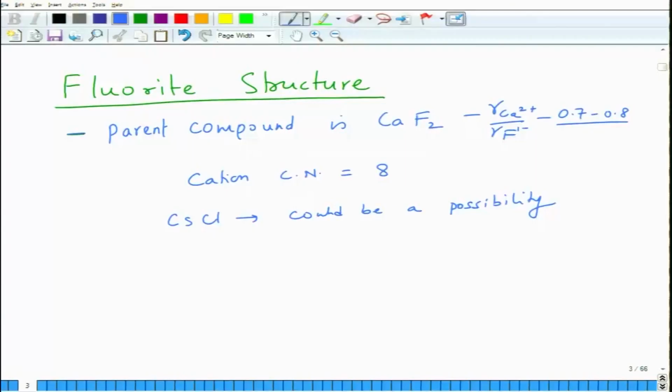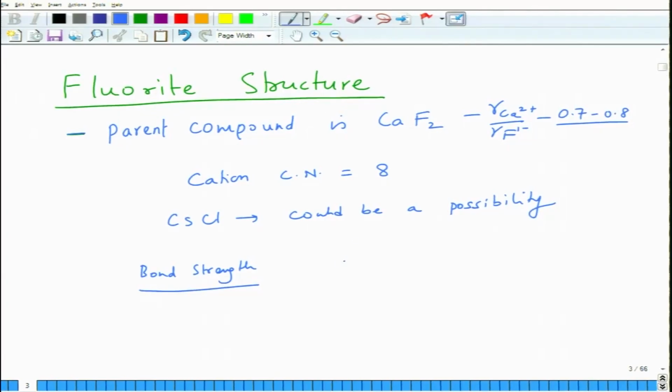However, if you have that kind of structure, the fluorine will also be surrounded by 8 calcium atoms, which is not possible because of the bond strength check. The bond strengths of cations and anions should be equal, they should balance each other.